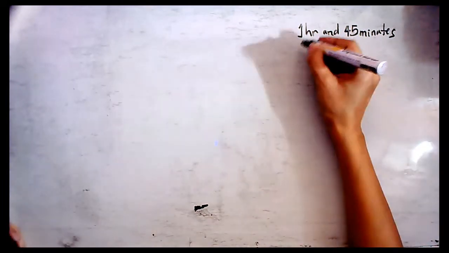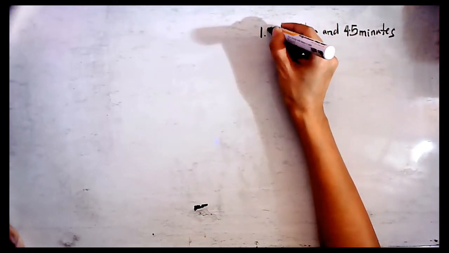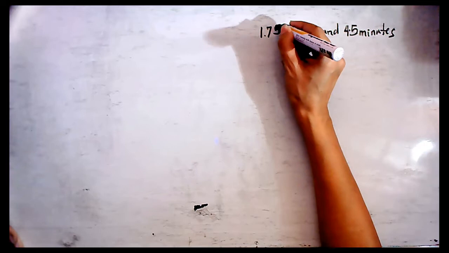So 1 hour and 45 minutes is equivalent to 1.75 hours. And that is if the airplane will be traveling against the wind.